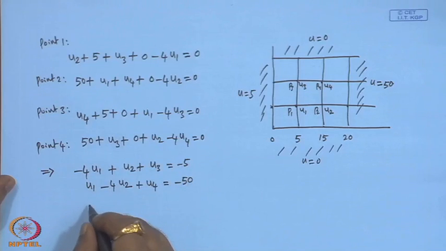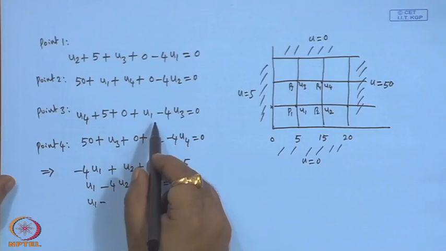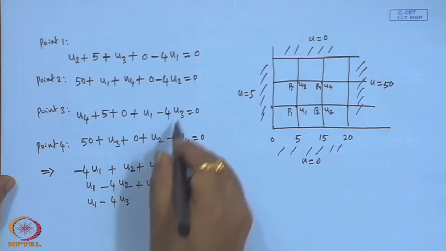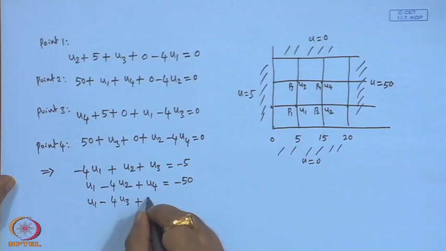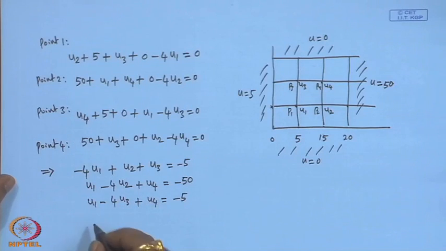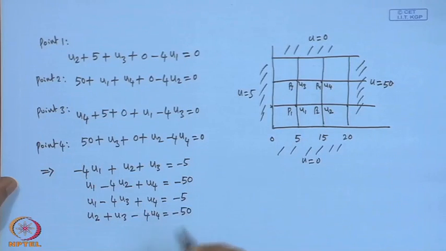Third equation u 1 minus 4 u 3 plus u 4, then fourth equation u 2 plus u 3. Okay. So, we get this.